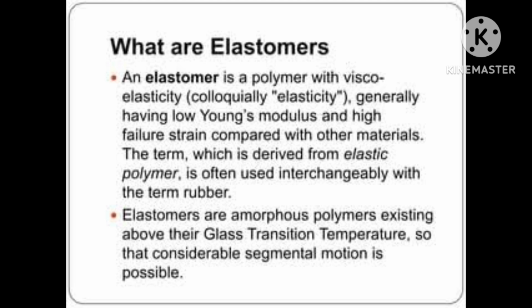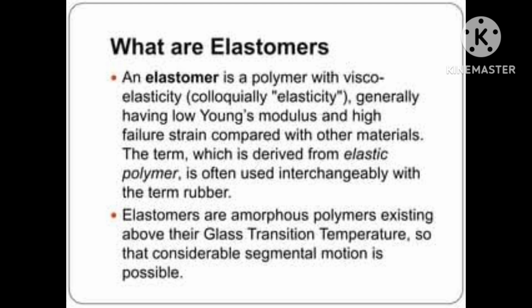These forces also bind the polymer chains. Under this category, the polymers are classified into four subgroups on the basis of the magnitude of intermolecular forces present in them. Now I will discuss one by one.